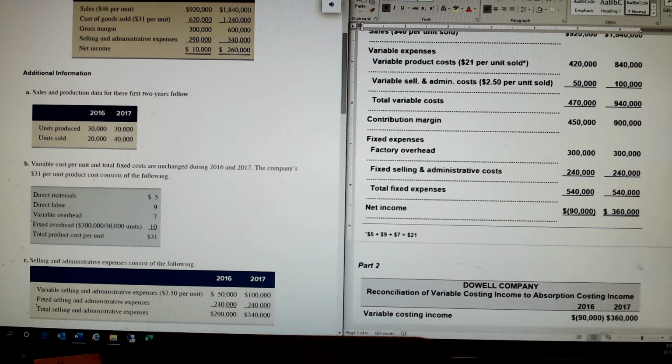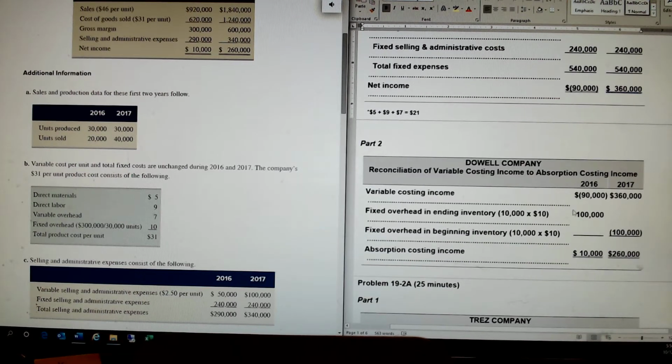Well, since this very first year in 2016, we produced 30,000 but only sold 20,000, there's still 10,000 units in inventory. And how much fixed factory overhead is in those 10,000 units? 10,000 units at $10 a piece, that's $100,000. So that's why variable costing is different from absorption costing by that $100,000.